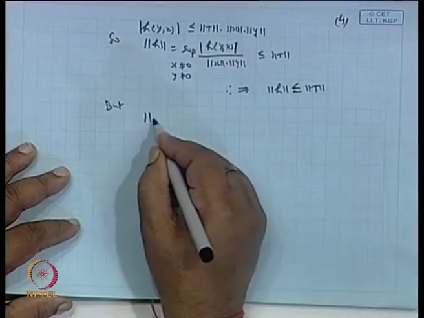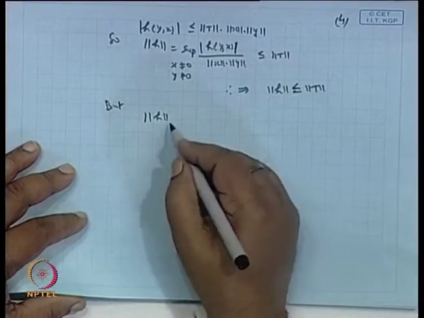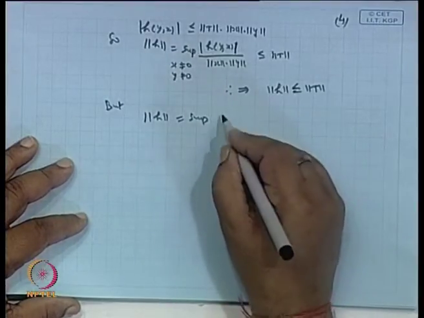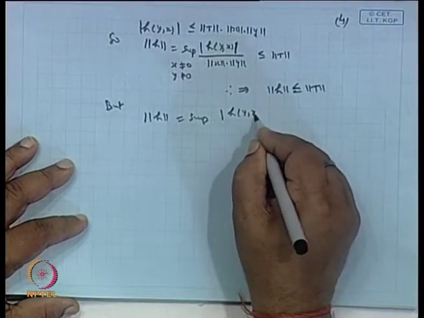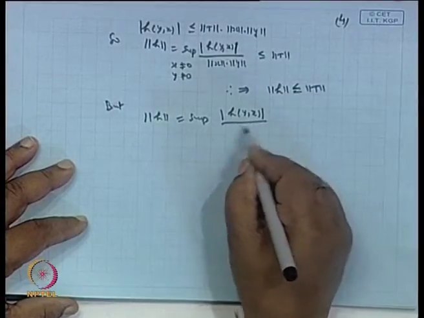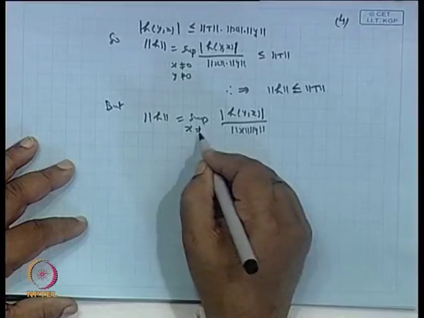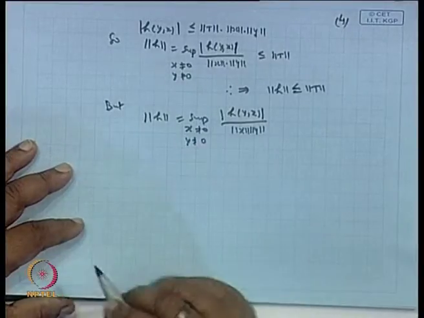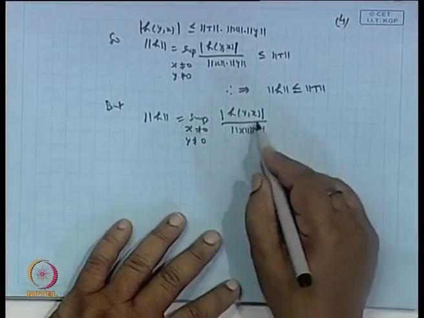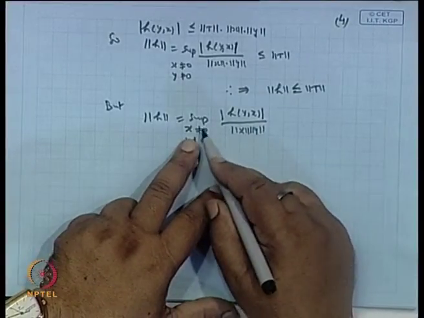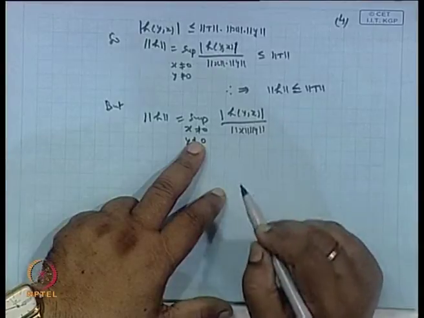So, this implies the norm of H is less than or equal to norm of T, but norm of H is equal to the supremum of modulus of H of y, x over norm of x, norm of y, where x is not equal to 0 and y is not equal to 0. Now, this is true for all y different from 0 and all x different from 0.